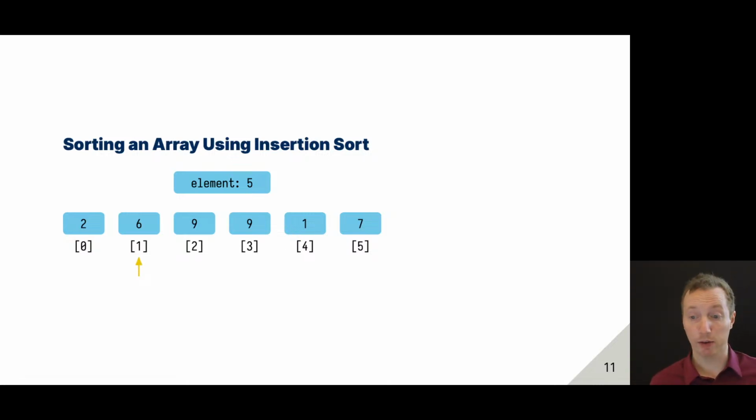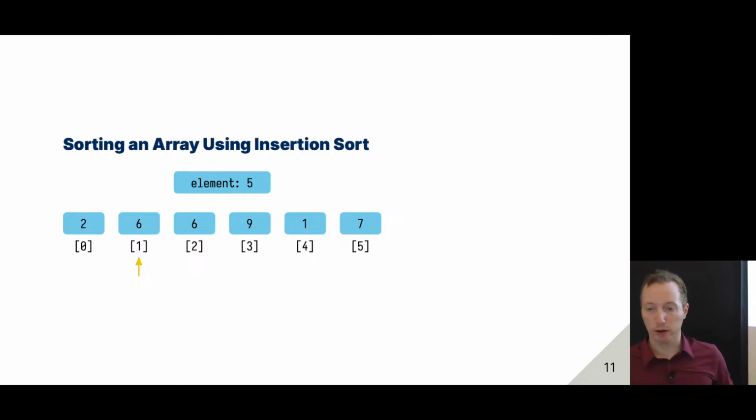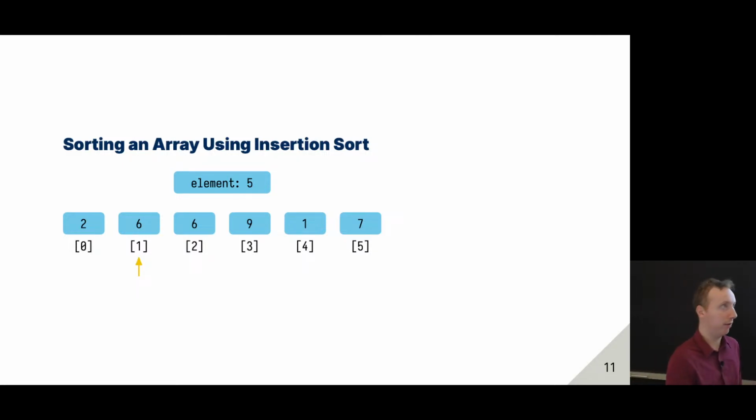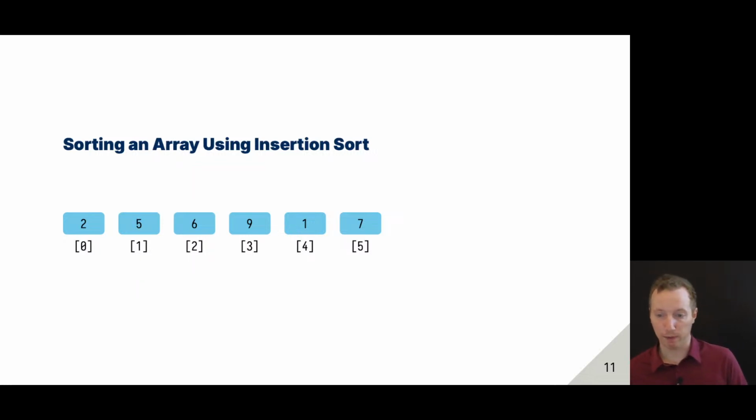Its element is currently 6, which is greater than 5. So I need to shift it over 1 to make room for 5. So at index 2, I make it a 6. And then I could look ahead and see, oh, okay, well, 2 is smaller than 5, so that means 5 needs to go right here, right? So then I place 5 there.